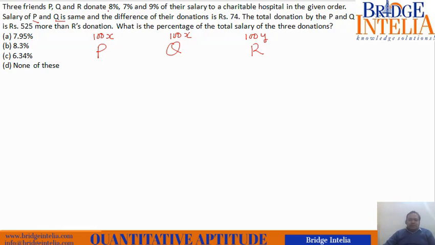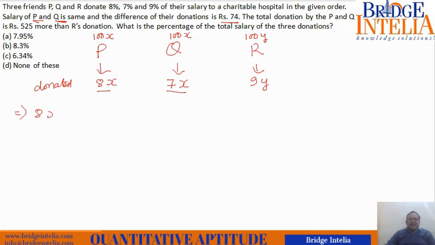So P donated 8x. He donated 7%, so Q donated 7x. And this guy donated 9%, so 9y. It is also known that the donations of P and Q differ by rupees 74.